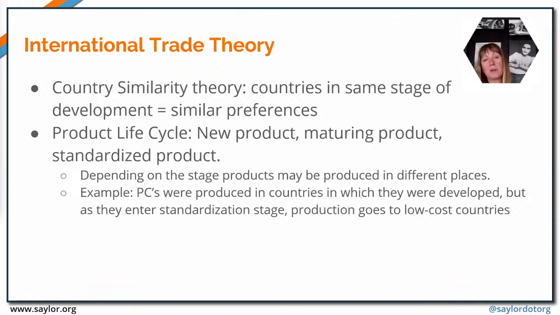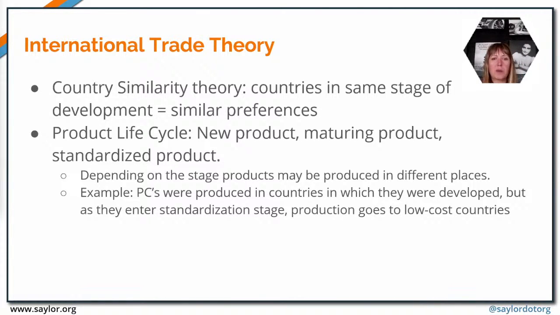From an economic and socioeconomic perspective, in countries with the same levels of development, people have similar needs and similar preferences. So if a company decides to go global, they'll often choose a country similar to theirs because they know there's probably demand for the product or service they would like to sell.